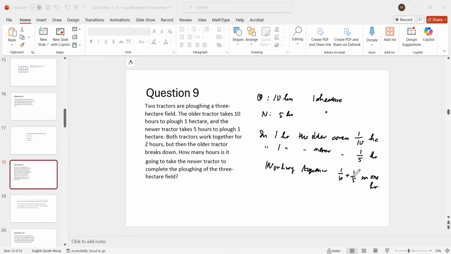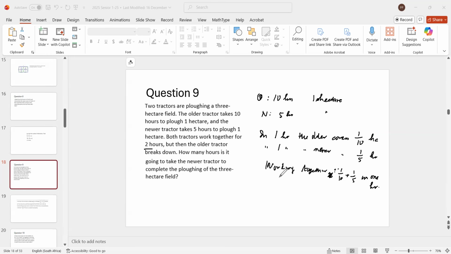These are hectares, 1/10 of a hectare plus 1/5 of a hectare in 1 hour. But they actually worked together for 2 hours. So it's 2. I'll just put a colon here.